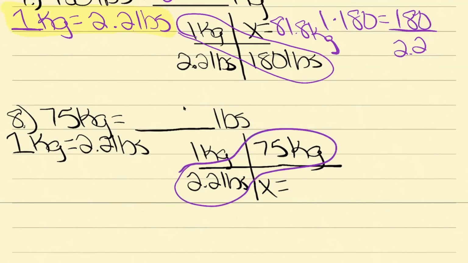So I'll do it down here. 75 times 2.2 is 165. 165 pounds.